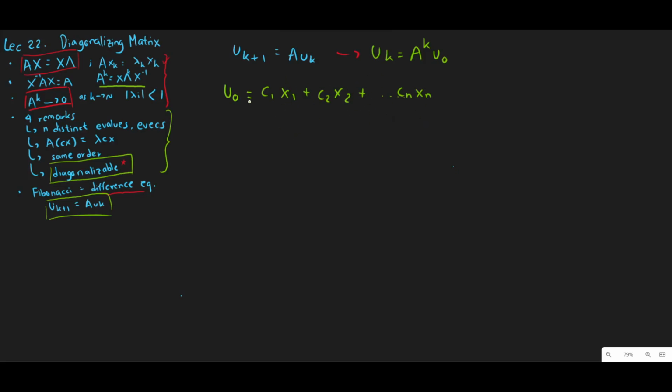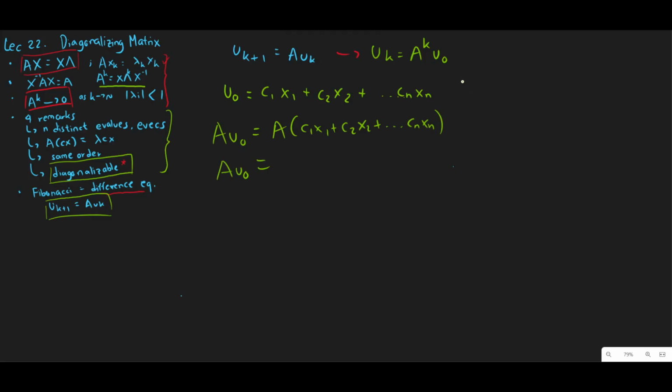Remember, if we have n distinct eigenvalues and n independent eigenvectors, those act like a basis on which we can multiply by some constants, and then we can get u0, right? And then if I multiply u0 by the matrix A, then I will have this. So what is A multiplied by my first eigenvector?